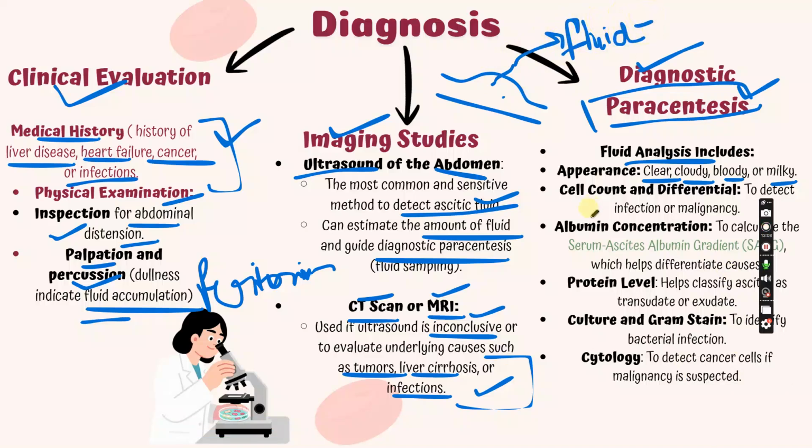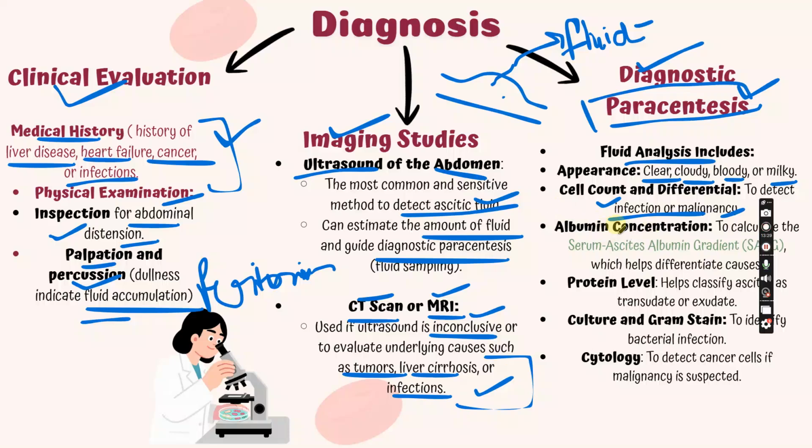And after collecting that fluid, we look for its appearance, whether it's clear, cloudy, bloody, or milky. Then there is cell count and differential. So after collecting the fluid, we'll see if there is an infection or any malignancy.